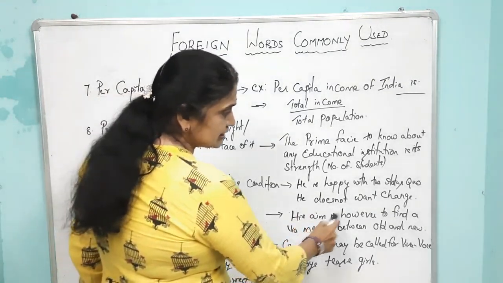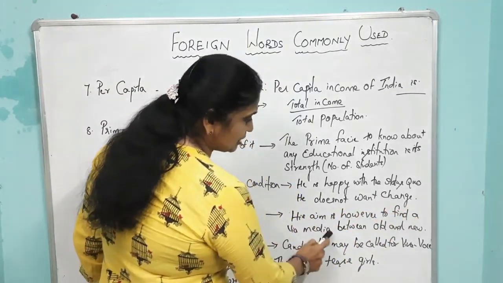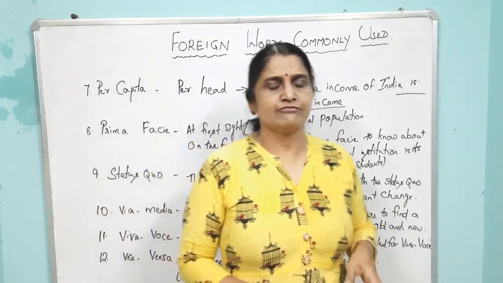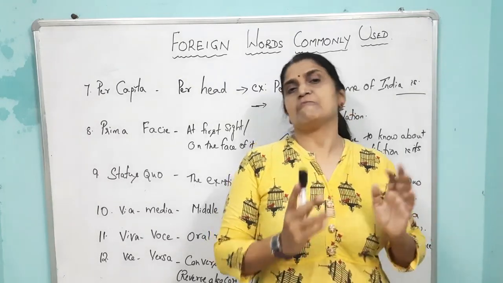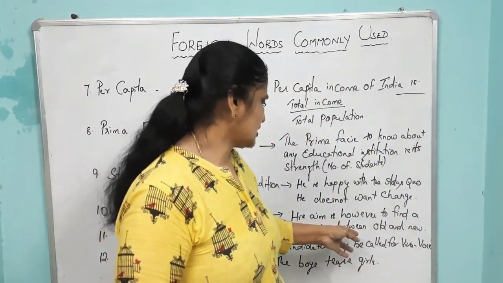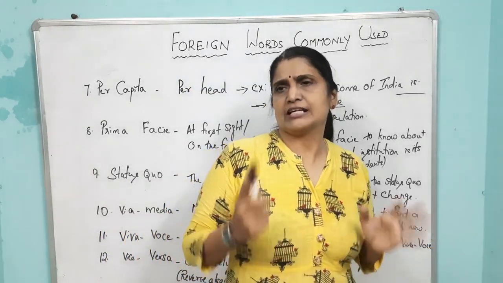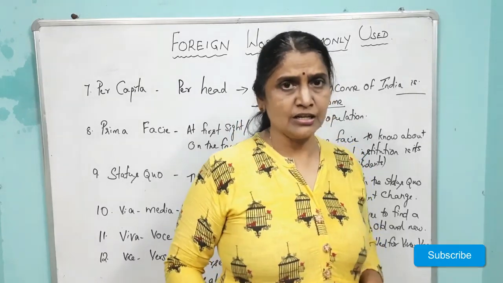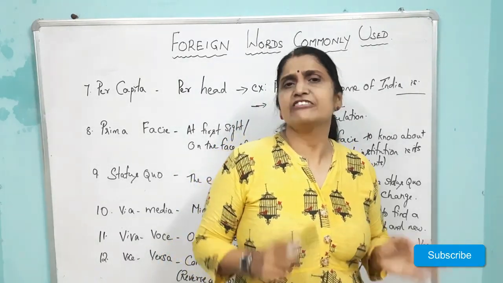His aim is, however, to find via media between old and new. So there is some sort of condition for the old and some for the new. For example, there is a new policy of education, and there is an old policy of education, which is not actually feasible.